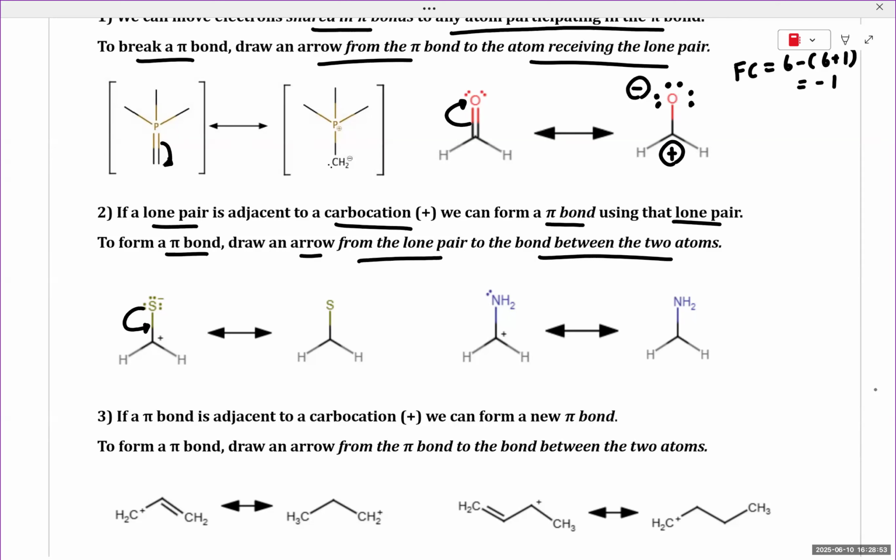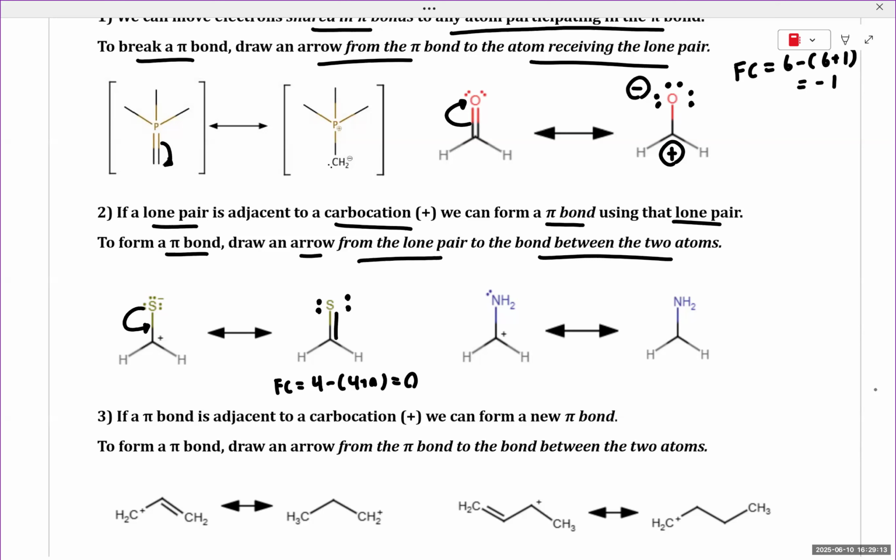This in turn generates a sulfur-carbon double bond, and we lose a lone pair. And as a result, the carbon is no longer a carbocation, it has a formal charge of 0. Let's just prove that. 4 minus 4 bonds gives us a formal charge of 0.